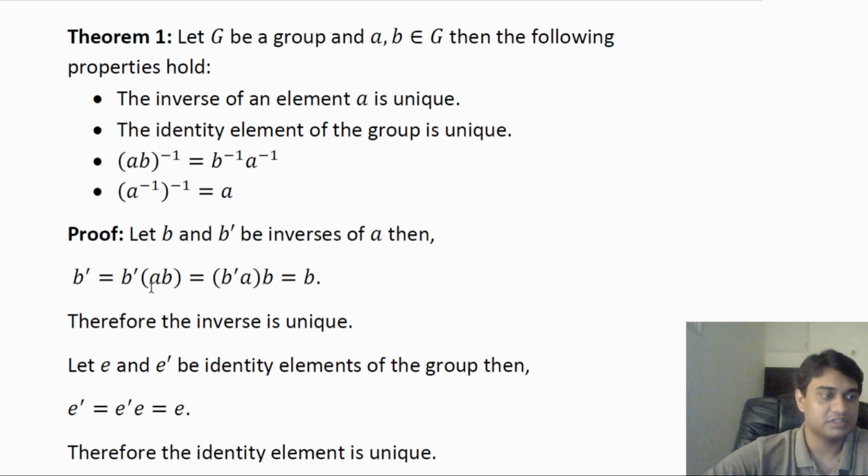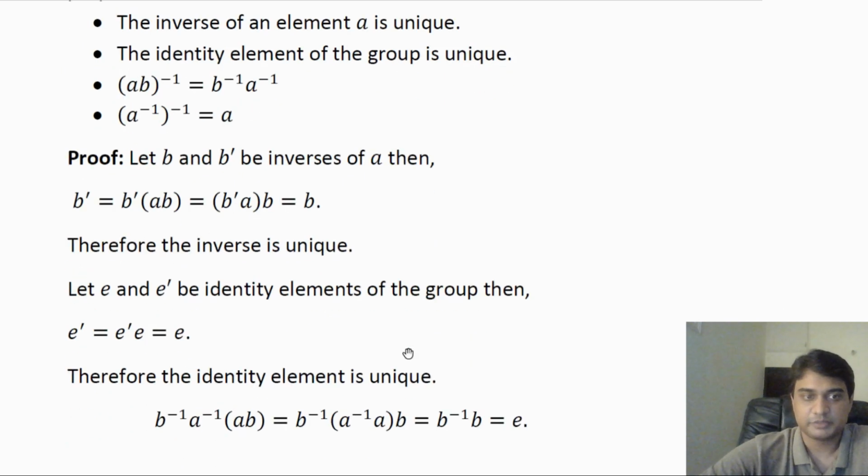Now using the associative law, we can write it as (b prime times a) times b. Since b prime is an inverse of a, b prime times a is the identity element, and identity times b is b, right? So what this equation says is b prime equals b. So if b and b prime are inverses, then b prime equals b, which means the inverse of each element is unique.